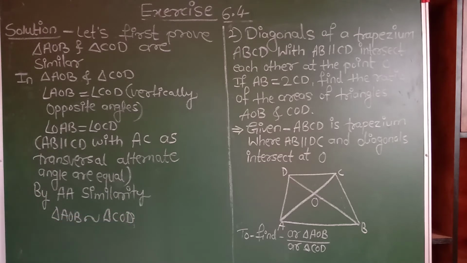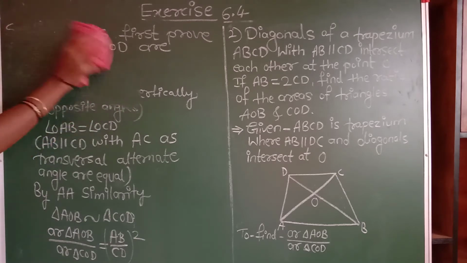We know that if two triangles are similar, the ratio of areas is equal to the square of the ratio of its corresponding sides. In the first example, I wrote that. So we can write here area of triangle AOB divided by area of triangle COD is equal to AB by CD whole square.